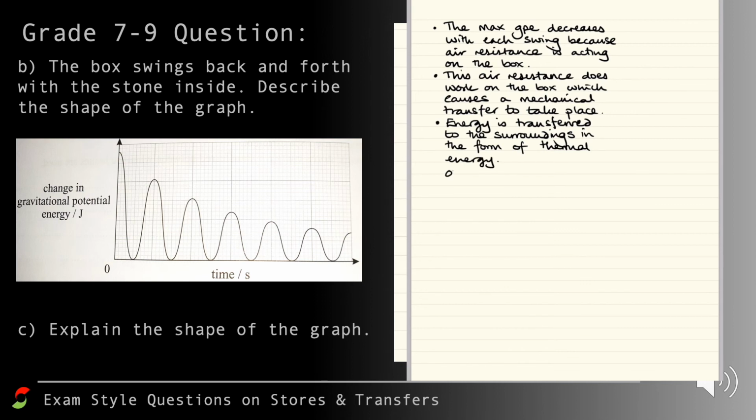But what we can also say, to be a bit fancy, is energy is dissipated. The examiners love that. Energy is dissipated to the surroundings in the form of thermal energy. It kind of sounds scientific.